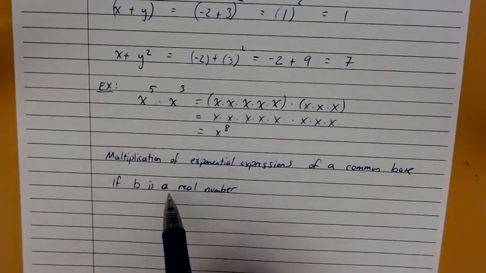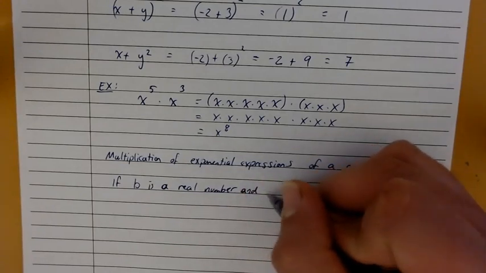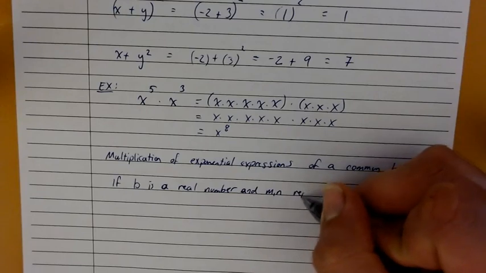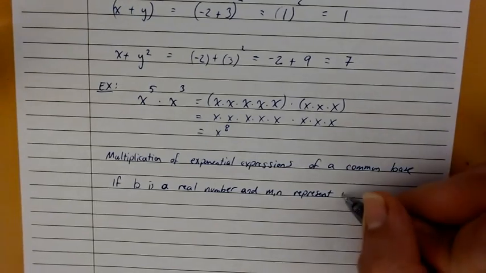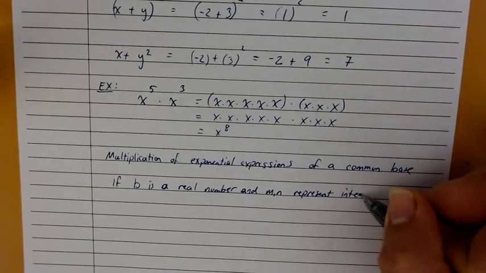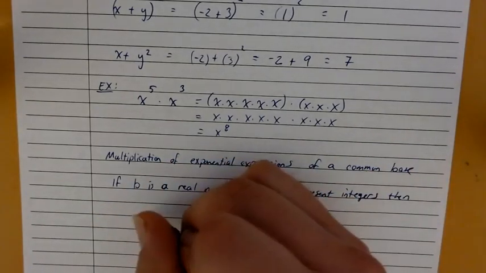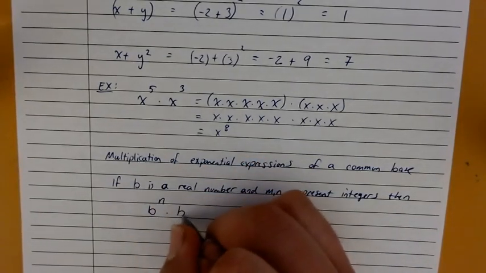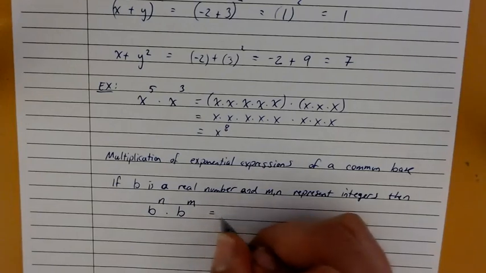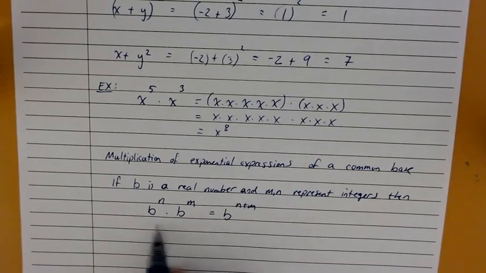If b is a real number, and m and n represent integers, then if you take b to the power of n and you multiply that by b to the power of m, you're going to get b to the power of n plus m. Or in other words, to multiply two things that have the same base, you're going to add their powers.